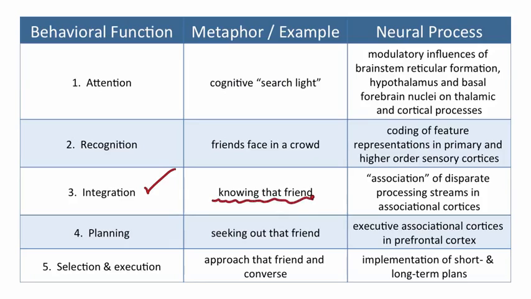Not just recognizing the face, but now recalling information that's germane to understanding your relationship to this particular visual stimulus. And so this now is getting at the heart of what's going on in our associational cortex. It involves the association of disparate processing streams.